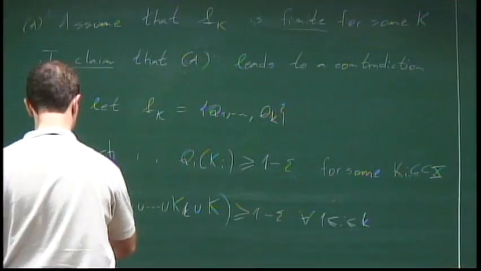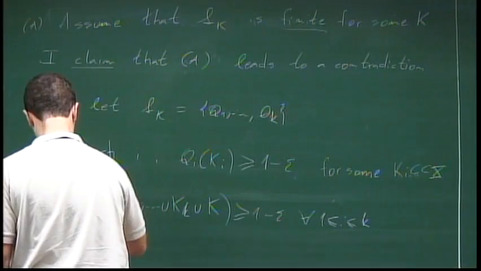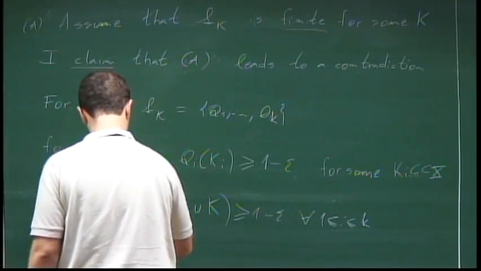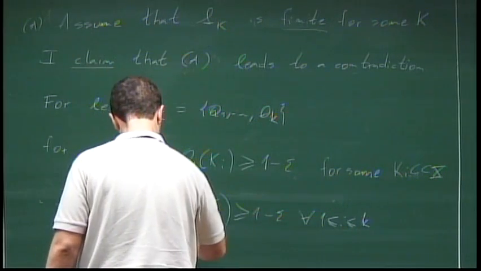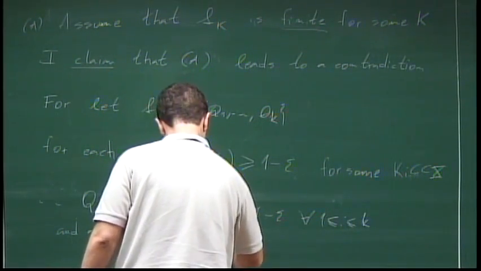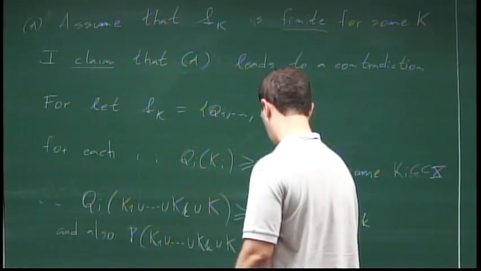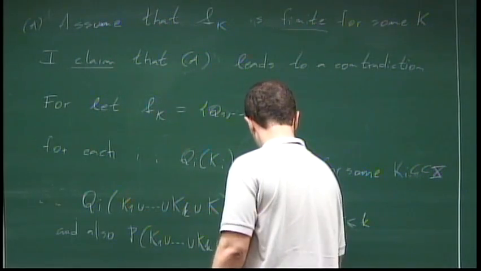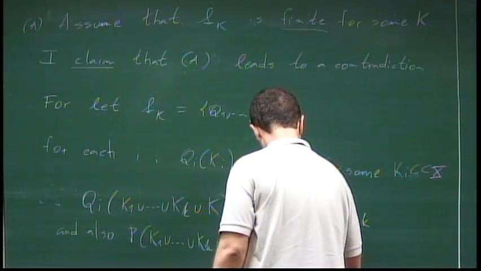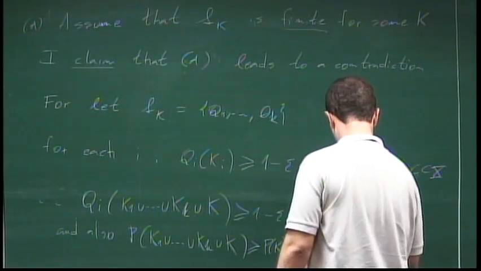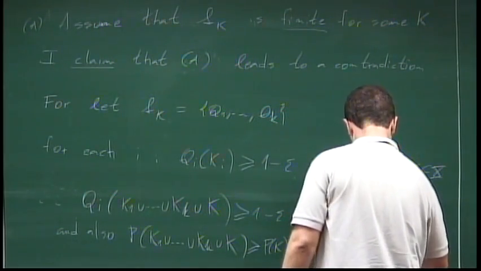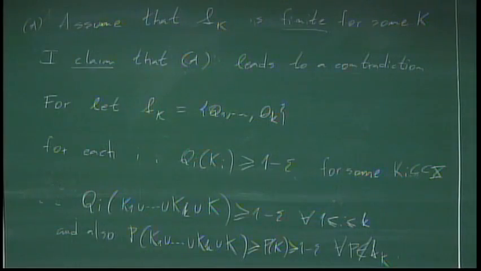And also P of this union is greater than or equal to P of K, which is greater than or equal to 1 minus epsilon, for all P that do not belong to S_K.